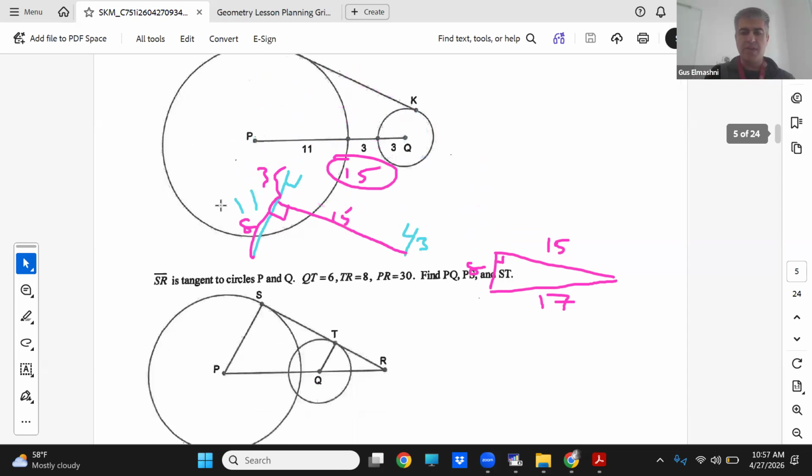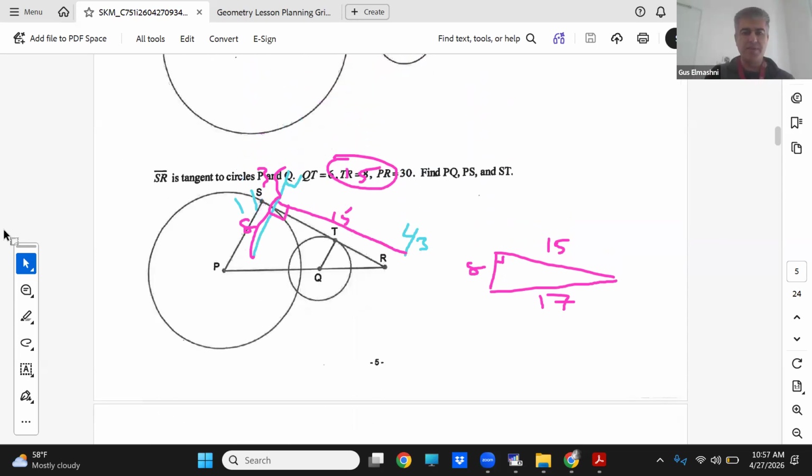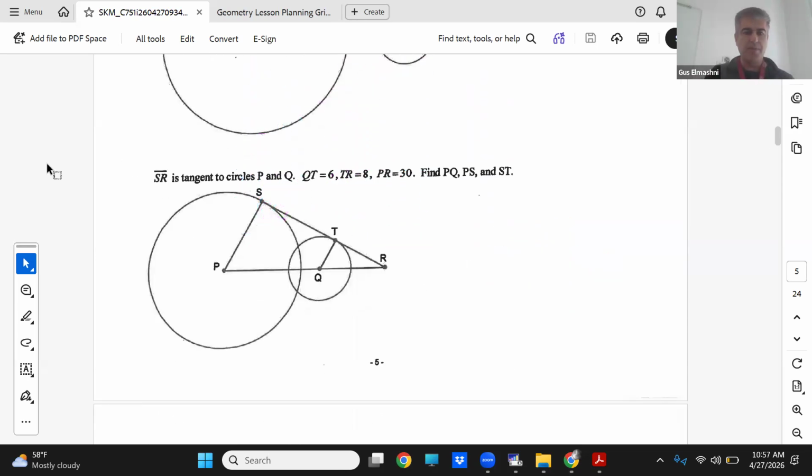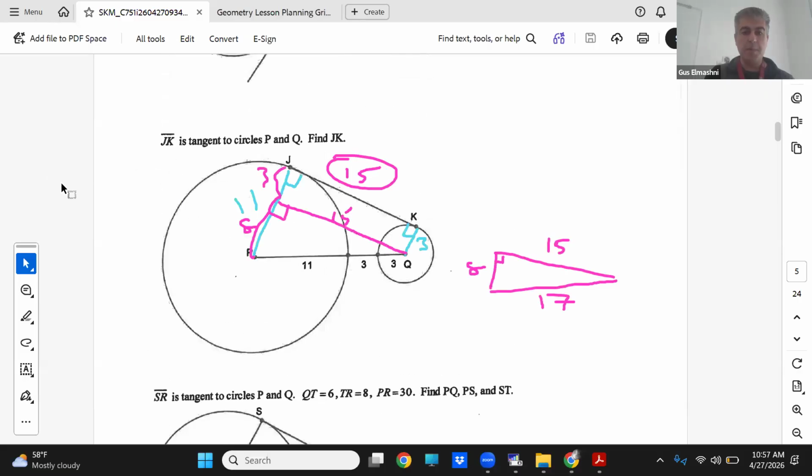Okay, last one, just to get a sense of closure. Yeah, exactly. Correct. Yeah. 17. Because remember, it has to form a triangle.